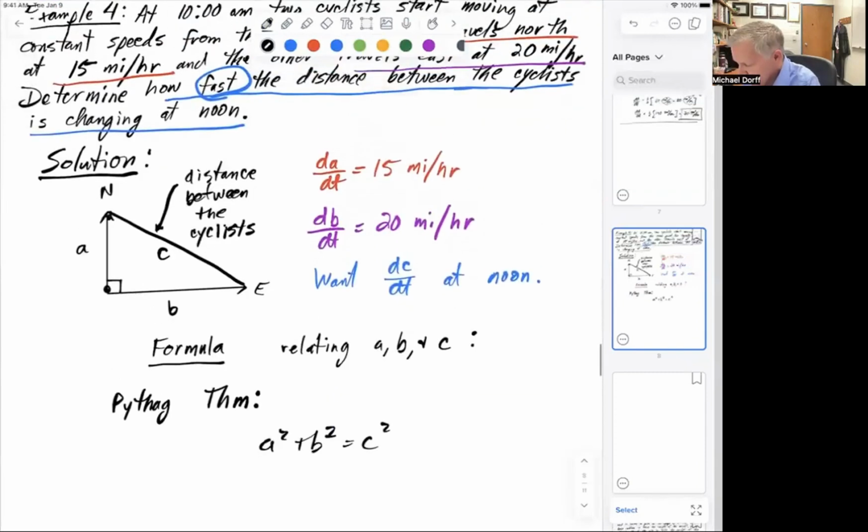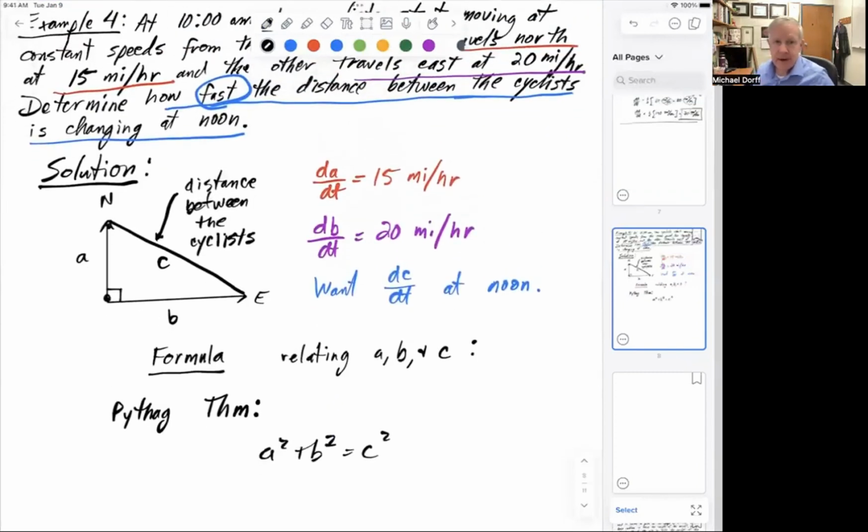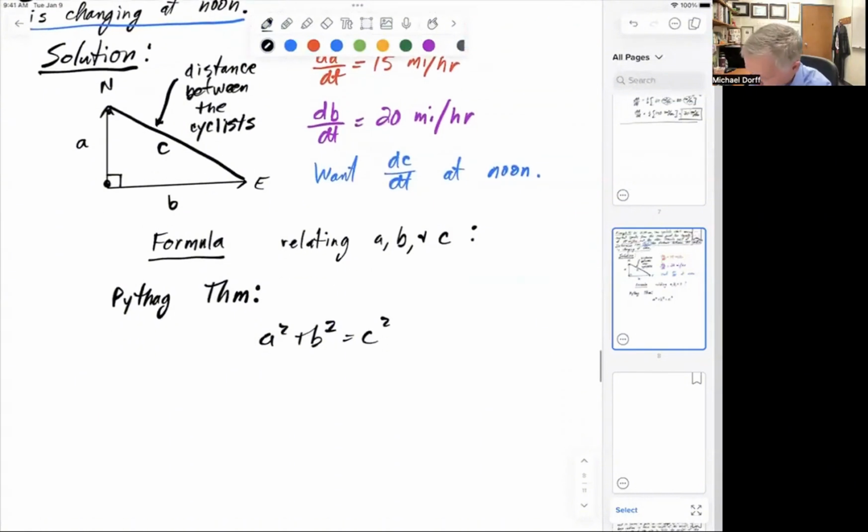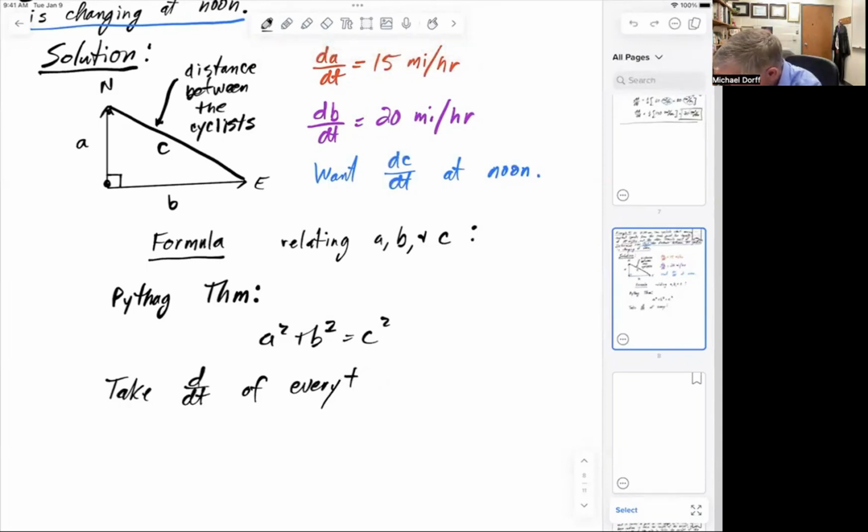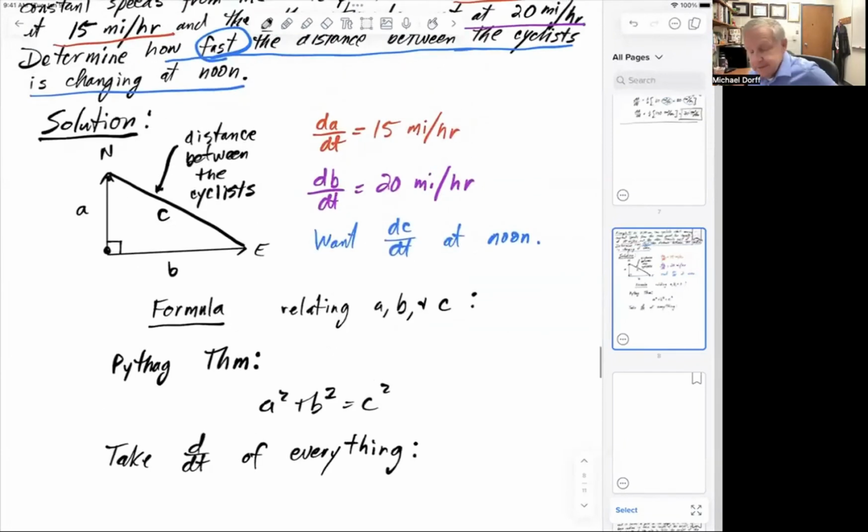Because I'm talking about speeds and rates of change, we're going to take d/dt of everything. Let me stop for a moment and point out that the process in solving all these problems is very similar. The first thing we did was draw a diagram and label our variables. Then we wrote down what was given in the original problem in terms of those variables.